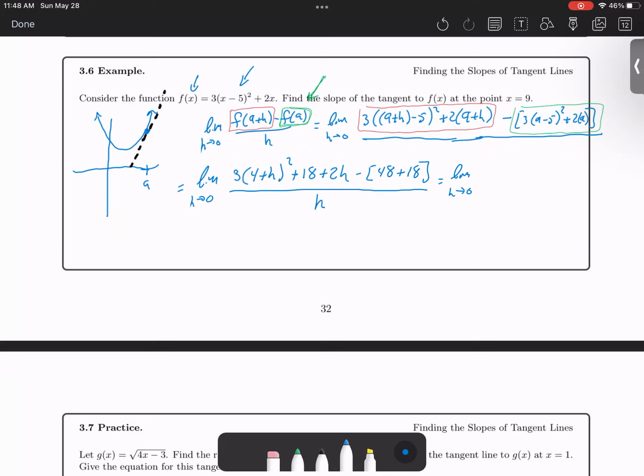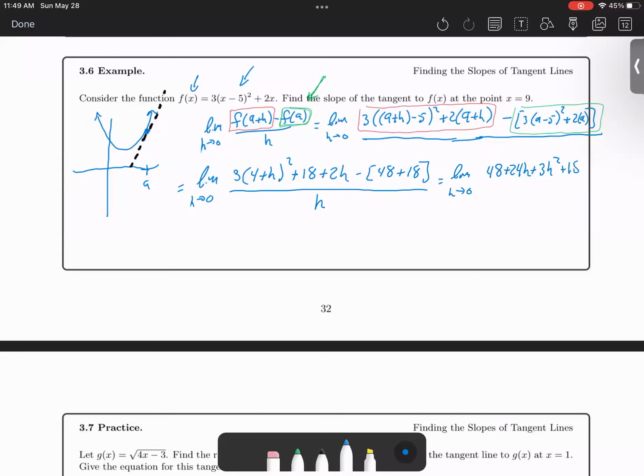So when you have 4 plus h squared, and you send the 3 through, what is that? 4 times 4 is 16 times the 3 gives you that 48. You'll have plus 4h and then another plus 4h, so plus 8h, and then 8 times the 3 results in 24. So plus 24h. And then you have an h squared times the 3, so plus 3h squared.